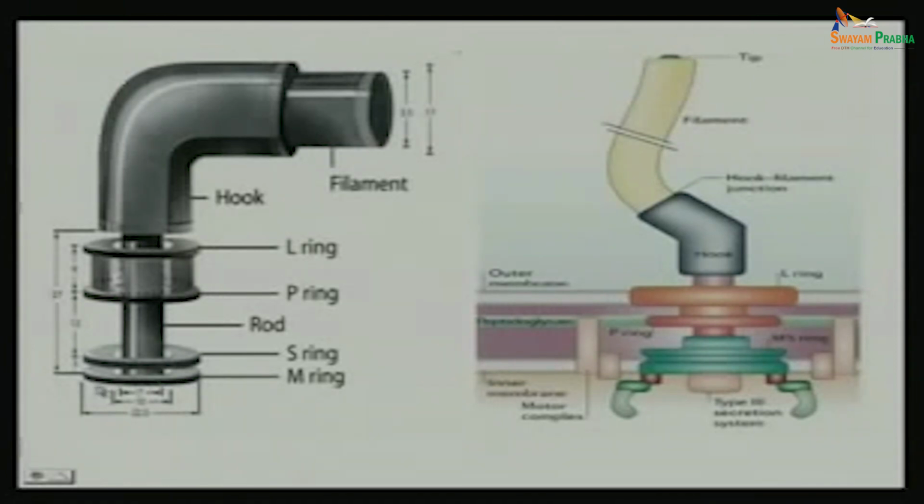The filament which is inserted in this O-ring has an ID of 7 nanometer and an OD of 10 nanometer, and the OD of this O-ring which is attached with the cell wall and cell membrane of this bacteria is 22.5 nanometer in structure.